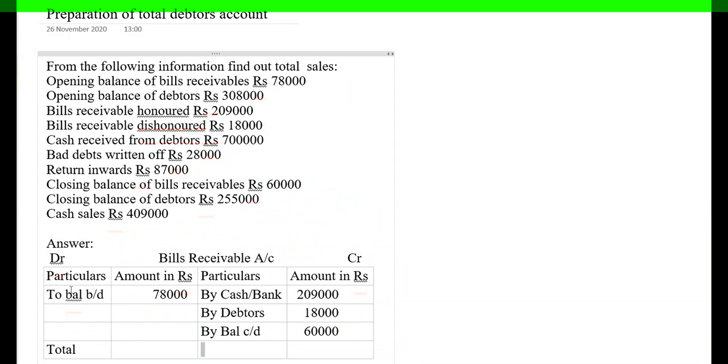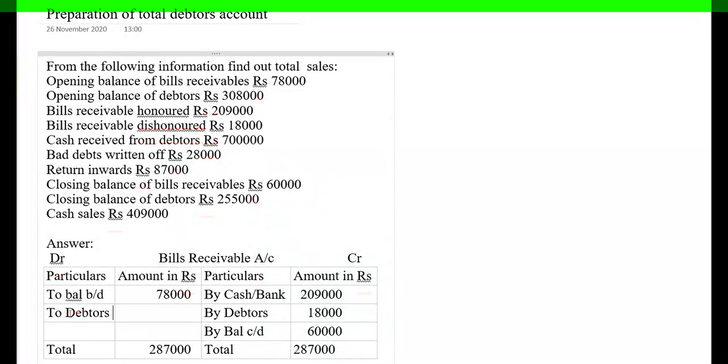Now let us take the total here. The credit side is more, so the total of the credit side comes to 2,87,000. Let us record the same thing here also, 2,87,000. The difference here is nothing but the bills accepted by the debtors. So bills receivable account debit to total debtors account.